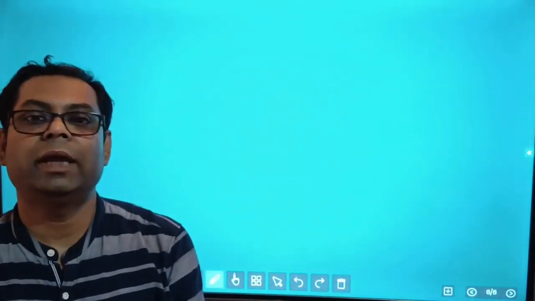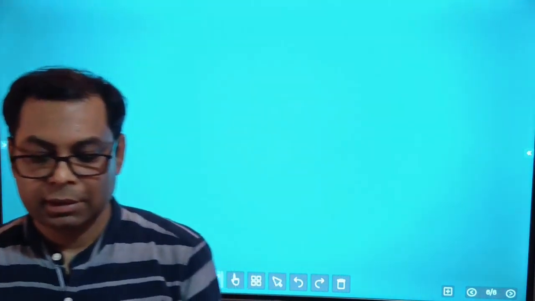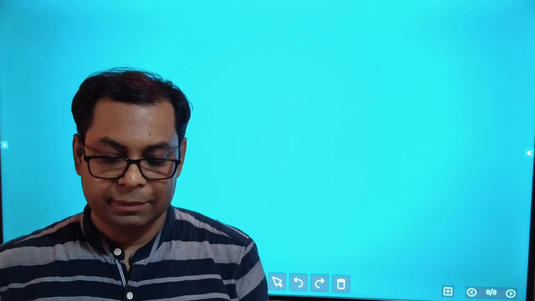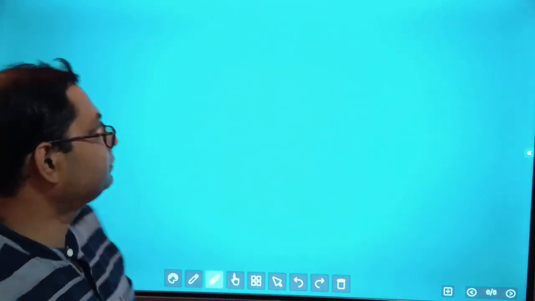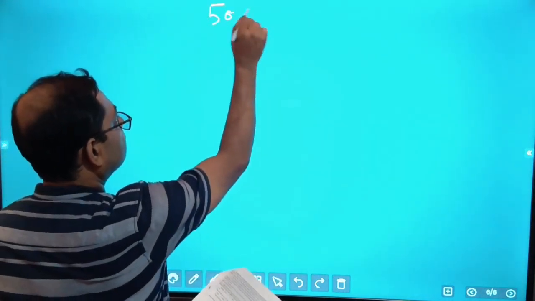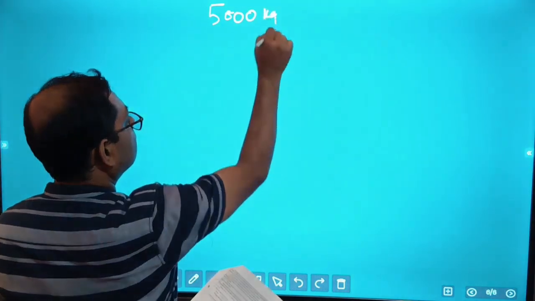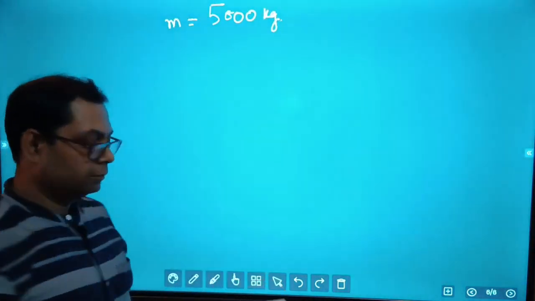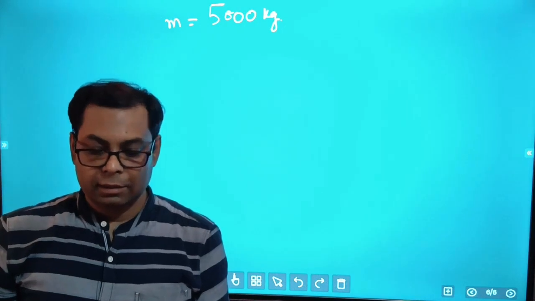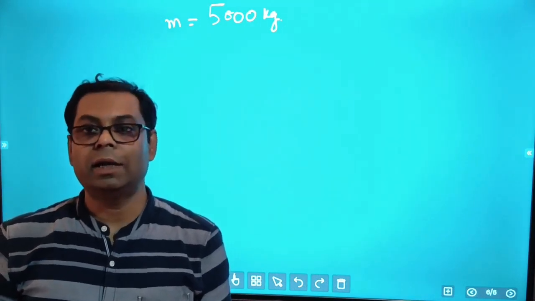Good morning. Today I'm going to discuss a numerical problem on gyroscope and gyroscopic couple. Please note down the problem. A ship is propelled by a turbine rotor which has a mass of 5000 kg and a speed of 2100 rpm.